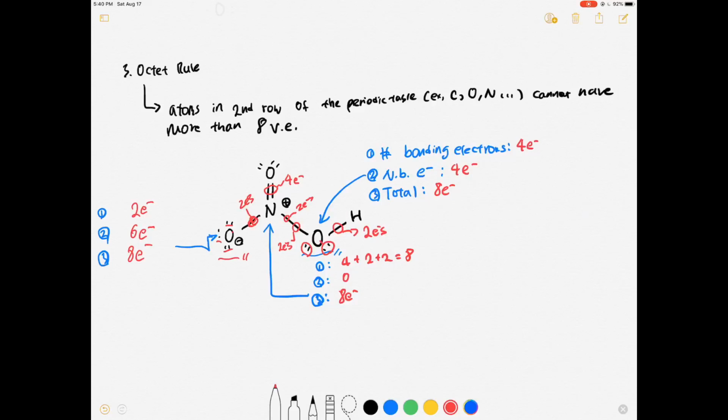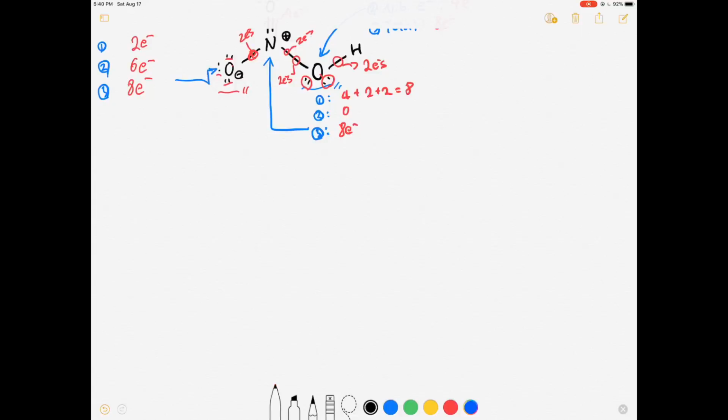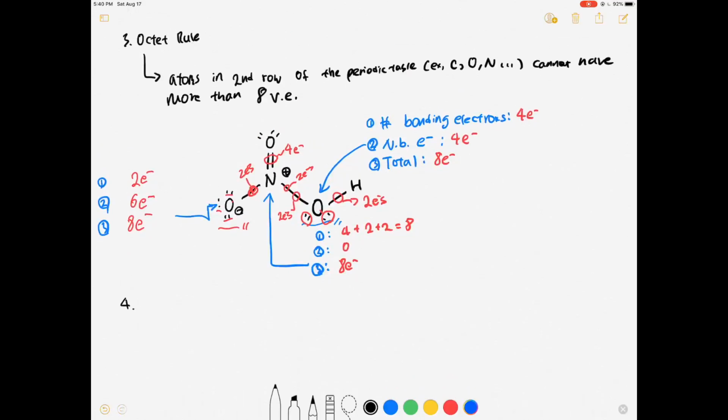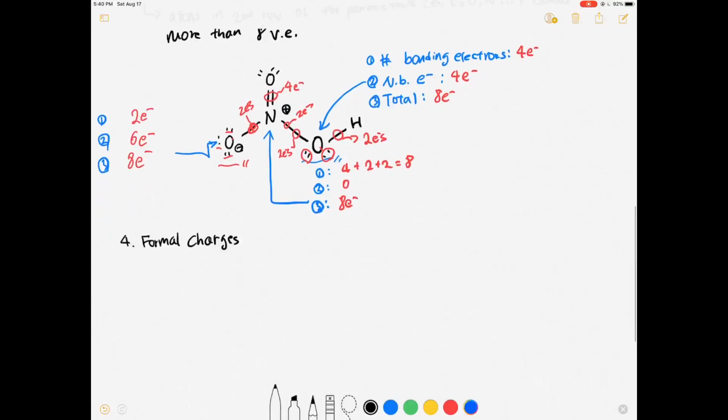So moving on, let's try the formal charges. Formal charges. Okay, I'm gonna give you a definition of it. The formal charge of an atom can be calculated in numerous ways. Okay, the formula that we're gonna use is this one.